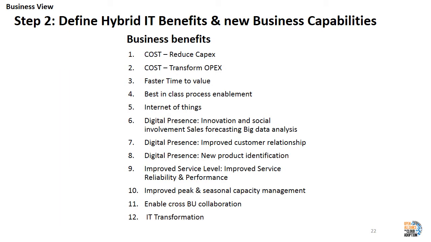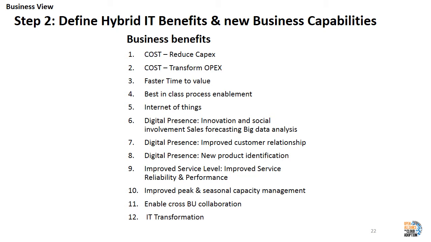Step 2 defines the hybrid IT benefits and new business capabilities you want to happen in your IT transformational plan. Sometimes these new business capabilities are called business scenarios. There are 12 areas of business benefits or scenarios that I examine when developing an IT transformational plan.